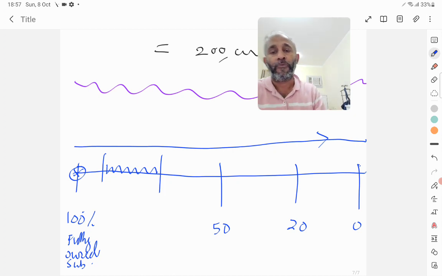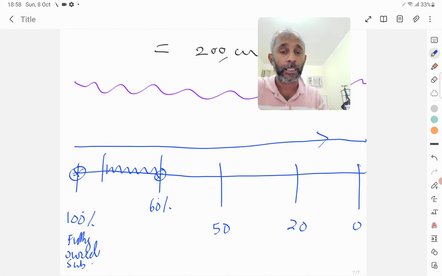So for example, let's say they have sold 40% of the stake from 100%. Then the parent retains 60% of the shareholding, and the parent company is still retaining the control.